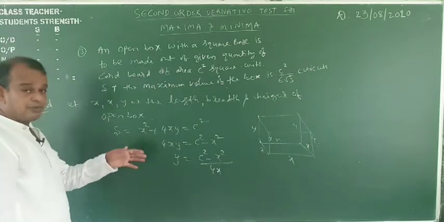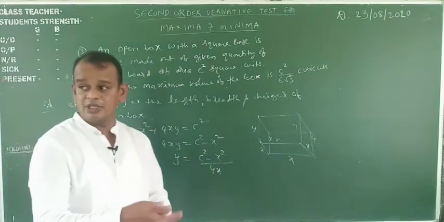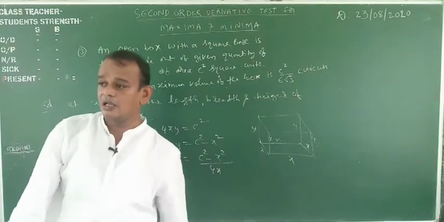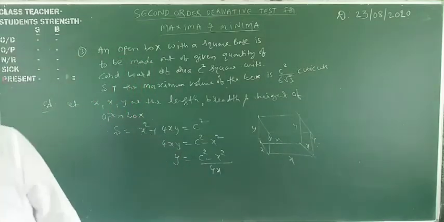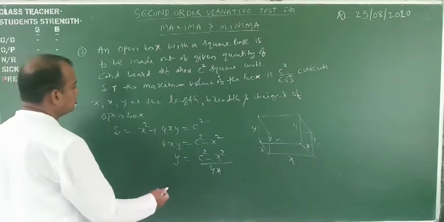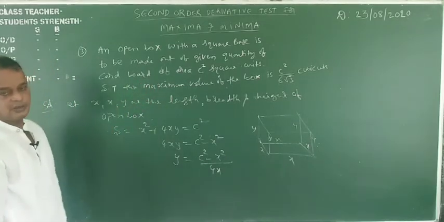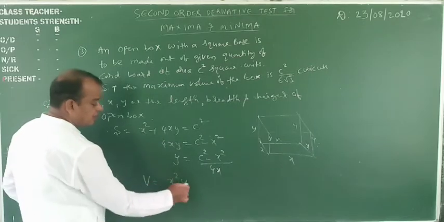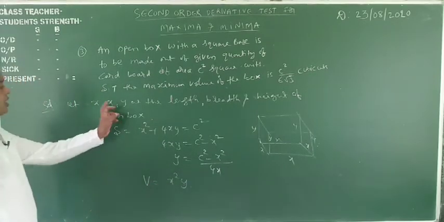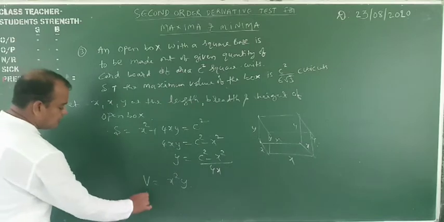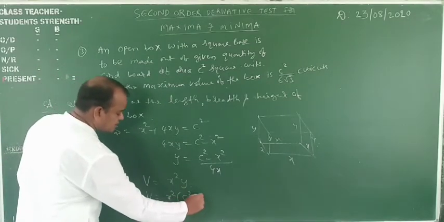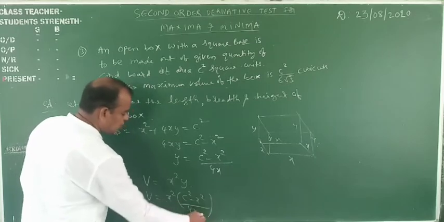Why am I writing this directly? Before, I already explained the area of the open rectangular box. Okay, my dear students, now the volume is the function to be maximized. What is the volume of the box? Length into breadth into height, that is x square into y. Now v is equal to x square into y, and y is c square minus x square by 4x.